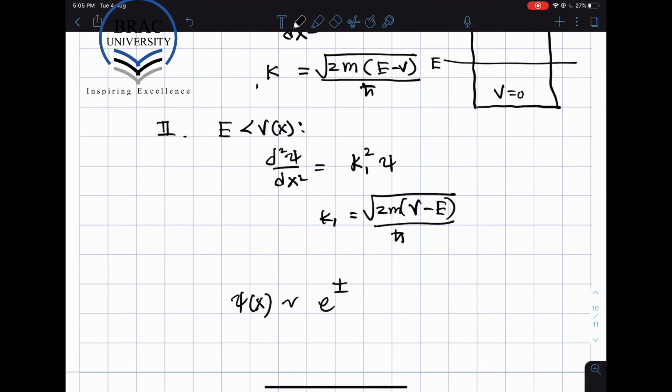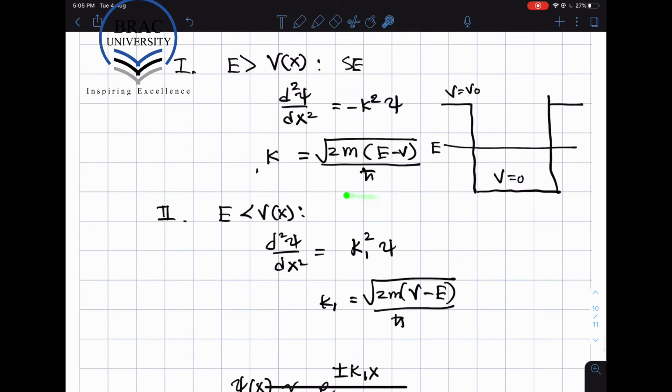And in those regions, the solution of the Schrodinger equation will have the form of exponential of plus or minus k1 x, where the sign of this exponent is determined by the fact that we require the wave function to decay as we go further and further away from region 1.